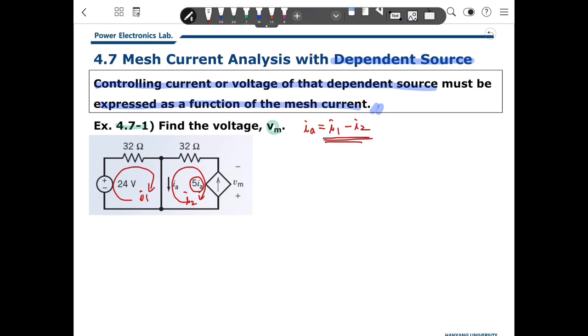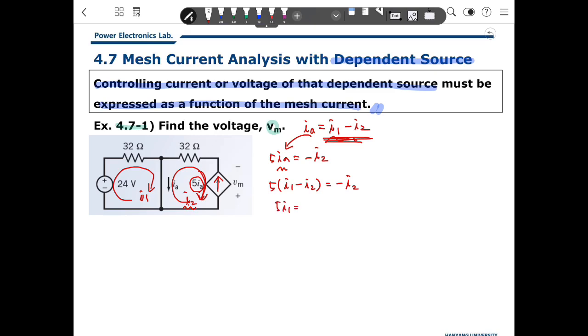Then what is I2? The current 5 Ia is the opposite value of I2. This is minus I2, but Ia is here, so we insert it: 5 times (I1 minus I2) will be minus I2.